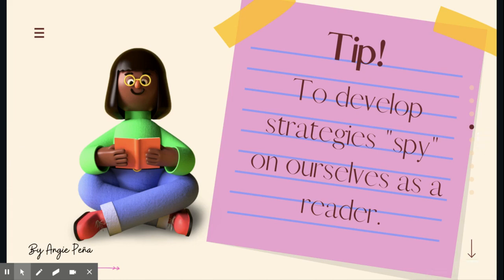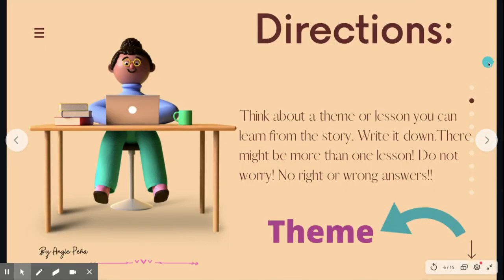If we teach reading, we should also understand who we are as readers. And a way to develop strategies is to spy on ourselves as readers. So I came up with a nice activity that I hope helps reinforce our understanding of strategies.